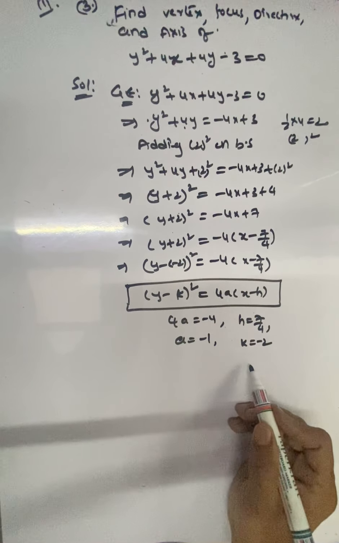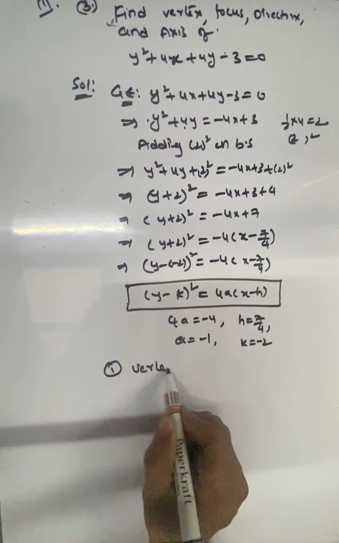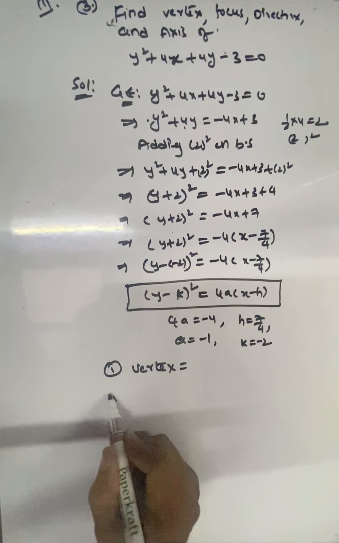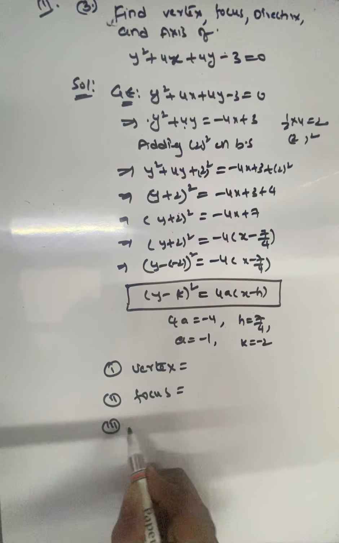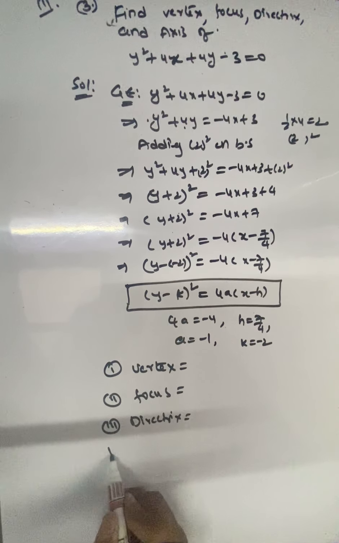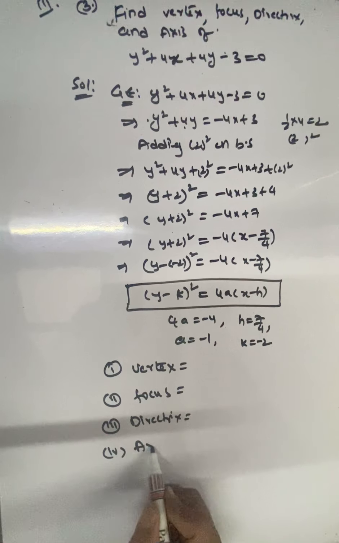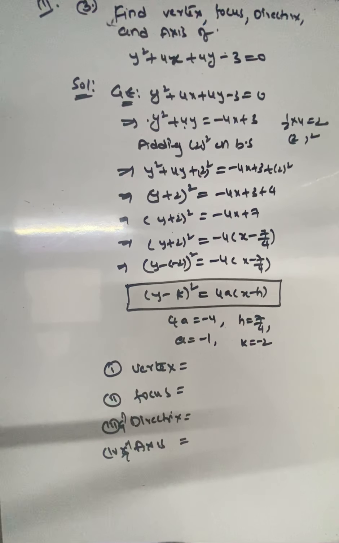Once we have h, k, a values, first is vertex. You should know the formula of vertex. Focus. Third one, directrix. Then axis. These we are finding: equation of directrix, equation of axis.